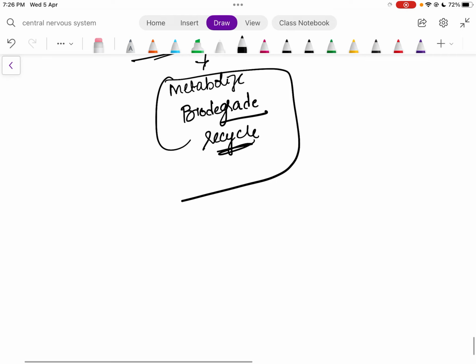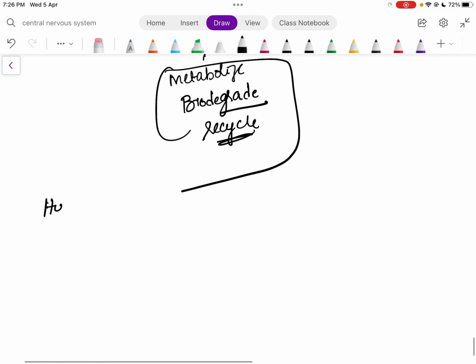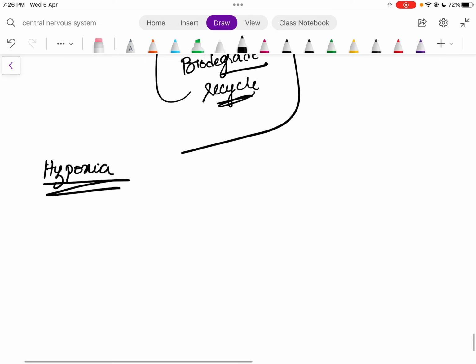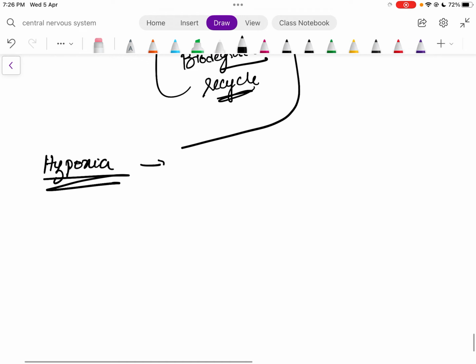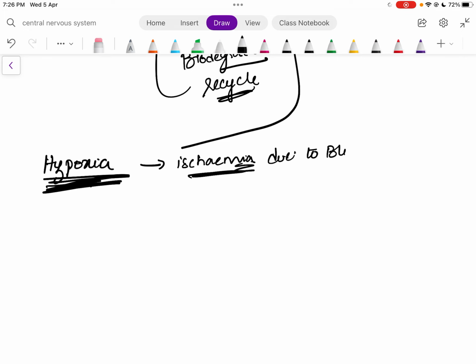And what clinical significance do these astrocytes have? Any hypoxia condition, in hypoxia, what will happen? There will be ischemia, when there is a blockage of artery.